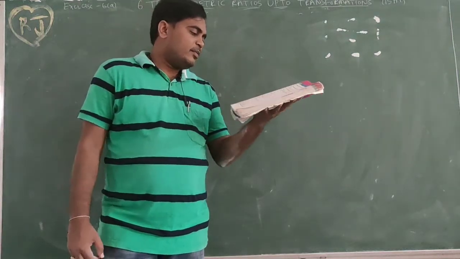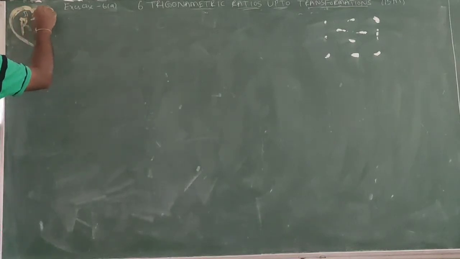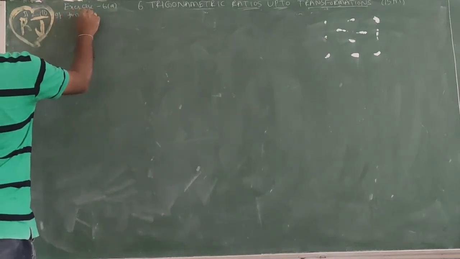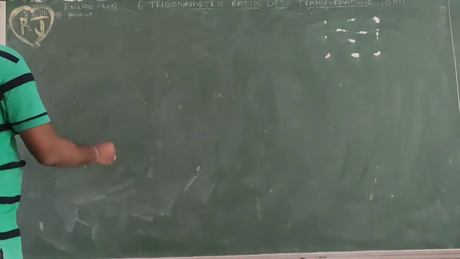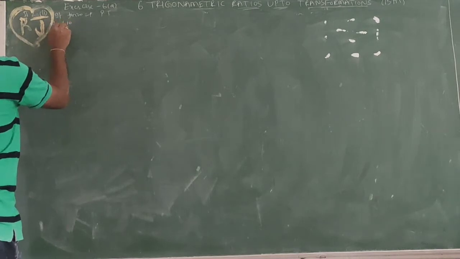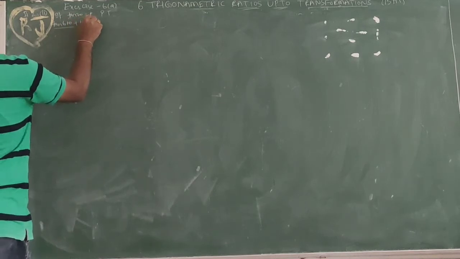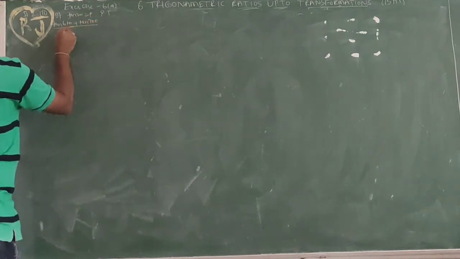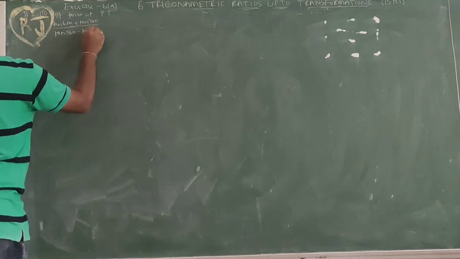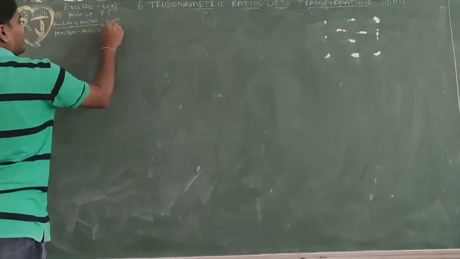Exercise 6A, second bit, second question. If tan 20 equals p, then prove that (tan 16 plus tan 700) by (tan 560 minus tan 470) equals (1 minus p square) by (1 plus p square).